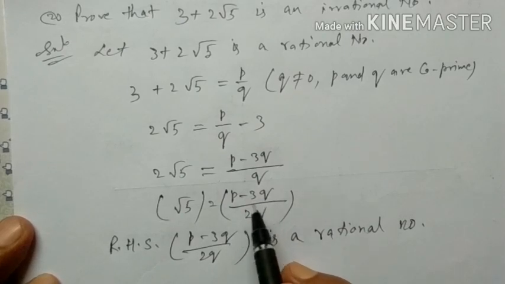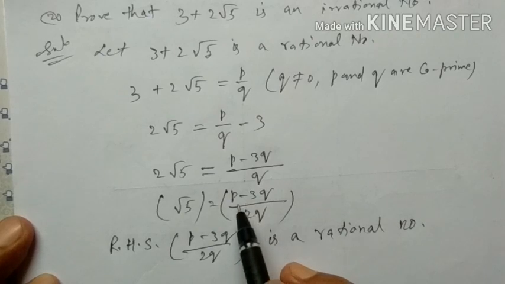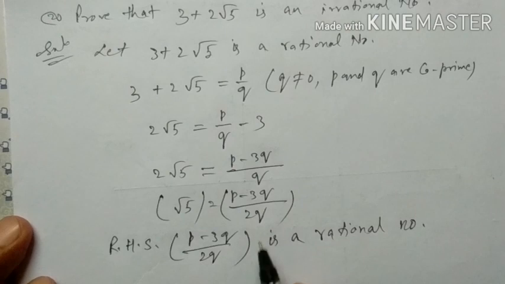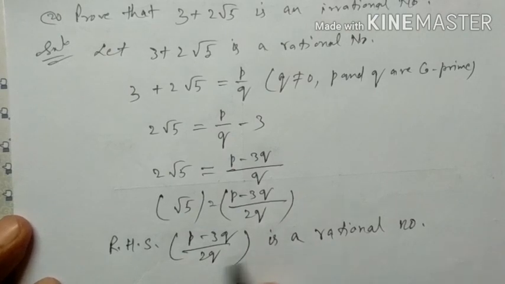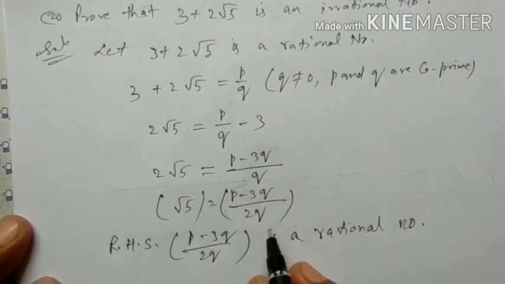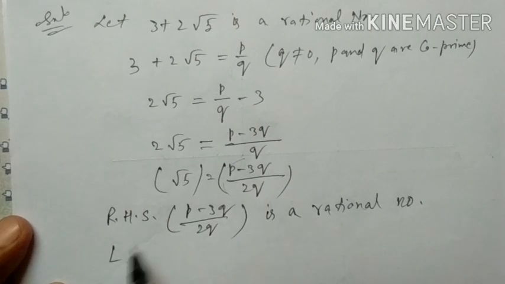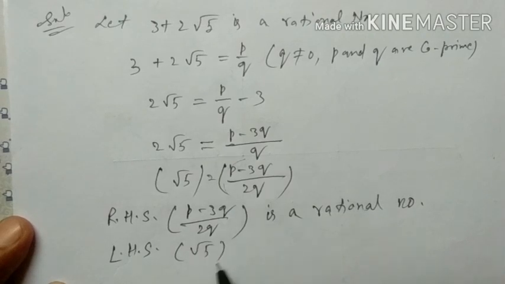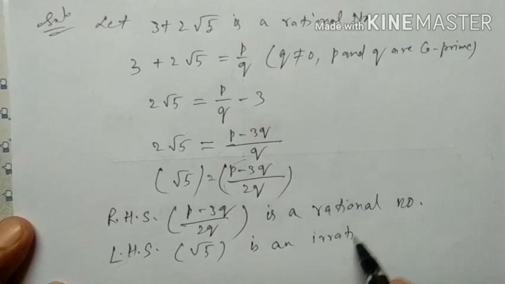So the difference and division of integer and product of integer is also rational number. So this number is rational number, and left hand side this number root 5 is an irrational number.